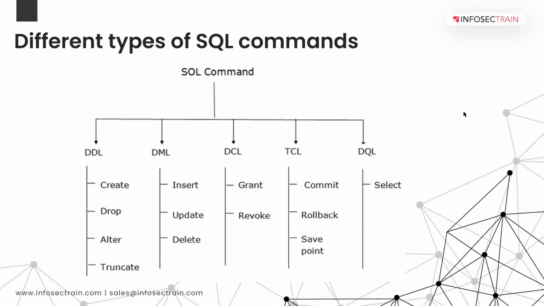DQL commands are used for selecting data from the table, viewing the data, from a temp table, a table variable, etc. There is only one command under the DQL, which is the select command. This is the most useful command, because for each and every query, for selecting data from any database, you will be using a select command.